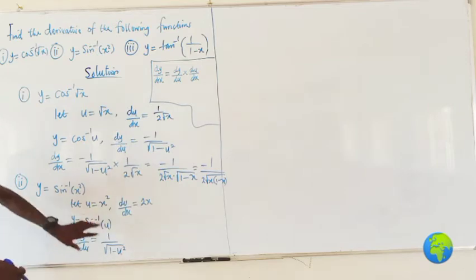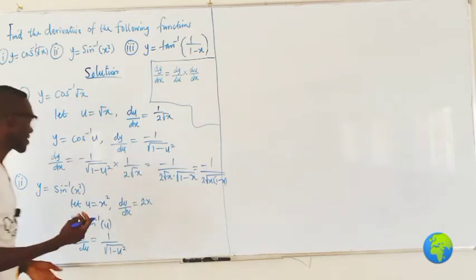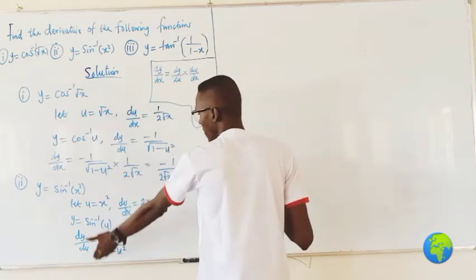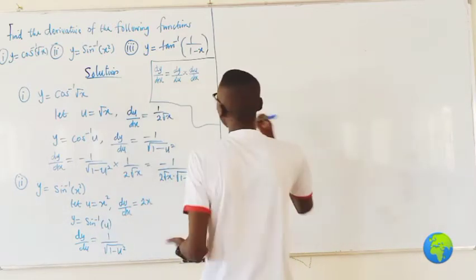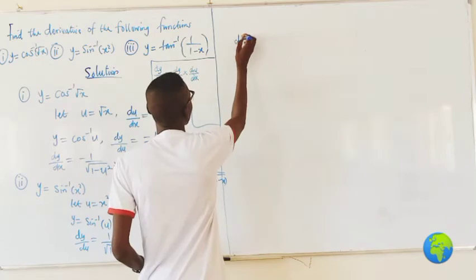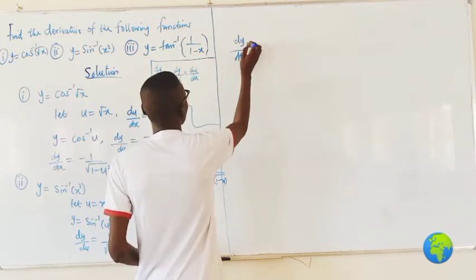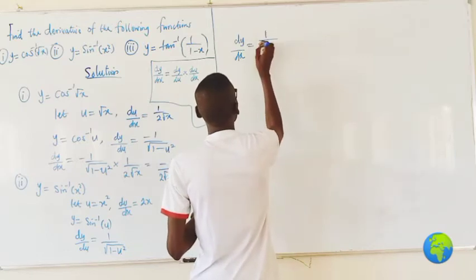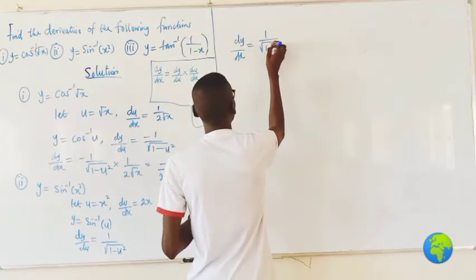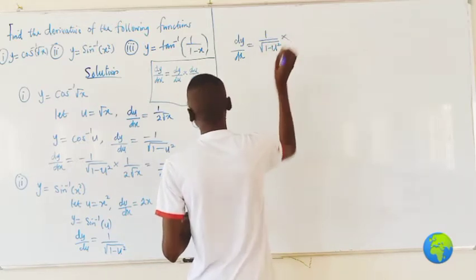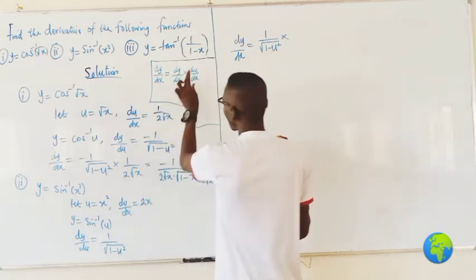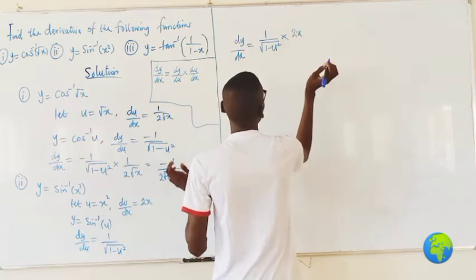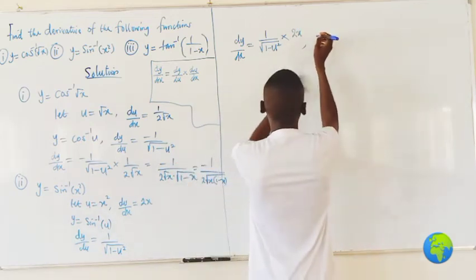I have videos on how to find the inverse sine, inverse tangent, and the rest. So proceeding with this, we have everything we need. It's just to use the formula to get the rest. Our dy dx this time equals dy du, which is 1 over square root of 1 minus u squared, times du dx. What is our du dx? It is 2x, right? So I'll just write it.